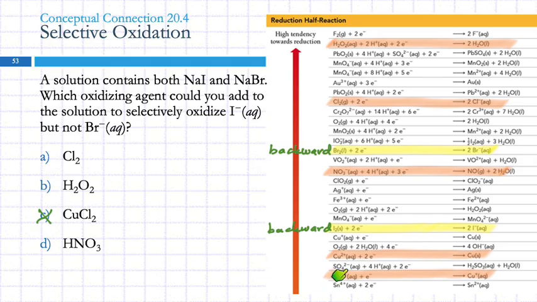So copper will not oxidize iodide. The other three things will. But will chlorine oxidize bromide also? Yeah. It'll do both of them. And the peroxide, hydrogen peroxide, will also oxidize bromide and iodide. So those aren't the ones we want.